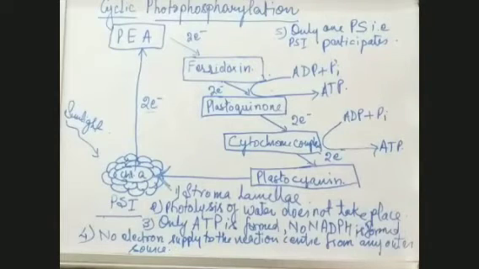These terms are very important, ETS and all, and many questions are asked. And in this week's examination also, you will be getting questions from this only. Your this week's test is from the historical background of photosynthesis plus non-cyclic and cyclic photophosphorylation.